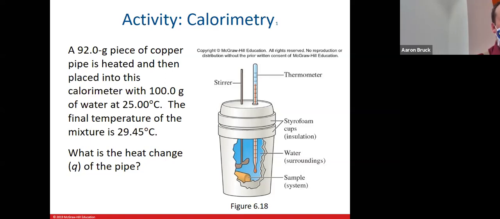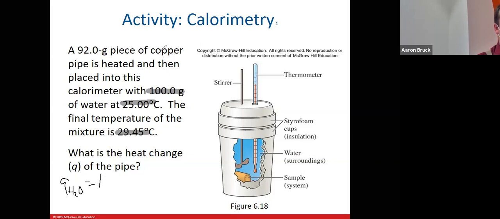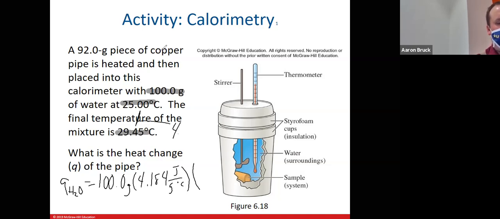So if we followed along with this, we would have 100 grams of water undergoing a temperature change. We could do a heat calculation on the water: 100 grams of water times 4.184 joules per gram degrees Celsius, its specific heat, times the temperature change, which here would be 4.45 degrees Celsius.